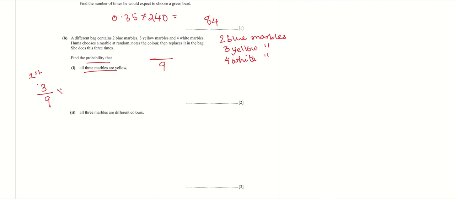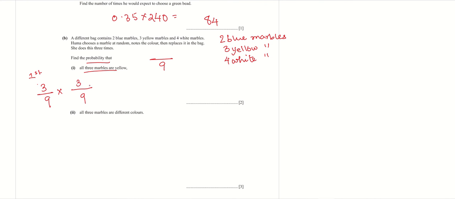The second time, the probability of her choosing a yellow marble will also be the same because she replaces it back. It's not like she's taking one marble and keeping it with her. She's putting it back, so the total number of marbles does not change. There is no change in the number or the colors of the marbles.